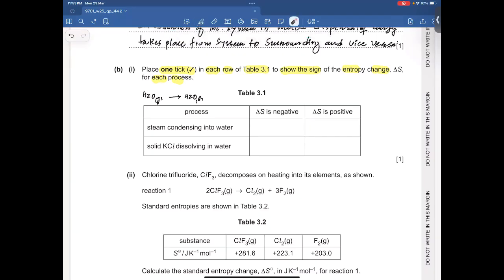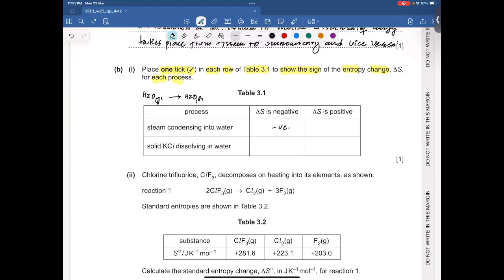Now, steam has a gaseous state, and gas has an extremely and highly irregular arrangement of particles. So this has a higher entropy value, and liquid has a lower entropy value because liquid water exhibits extensive hydrogen bonding. Because of that, it will have a significant amount of order in the system. So during the reaction, reactants have higher entropy, products have lower entropy, so entropy of the reaction decreases, which means it is going to be negative.